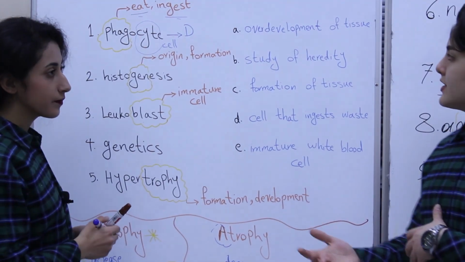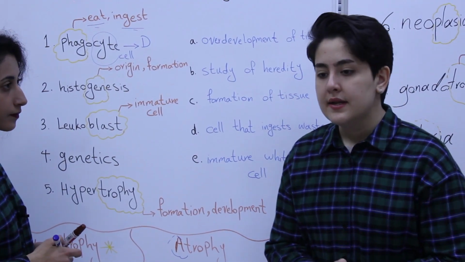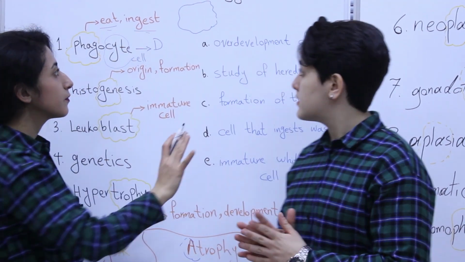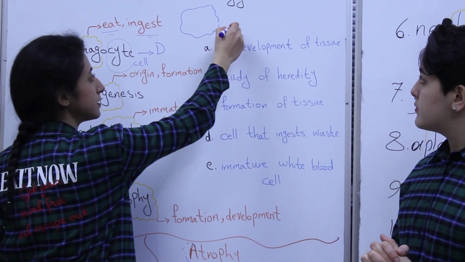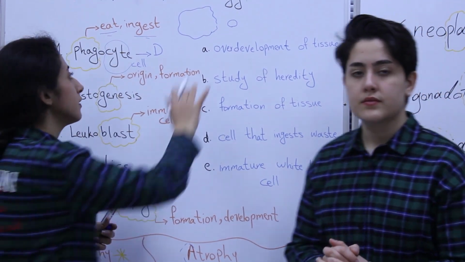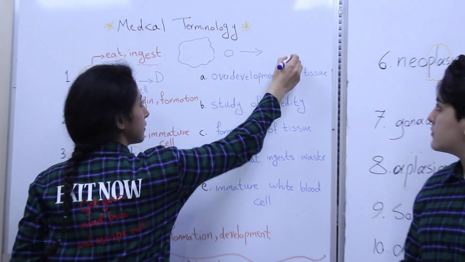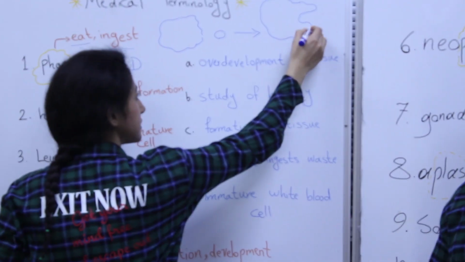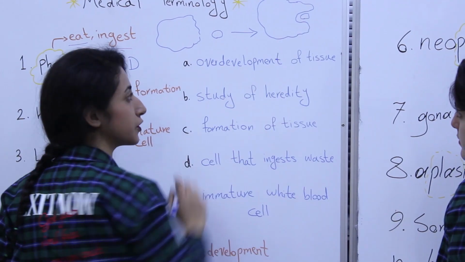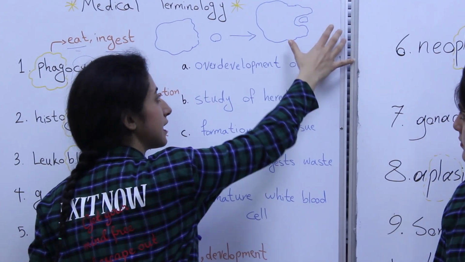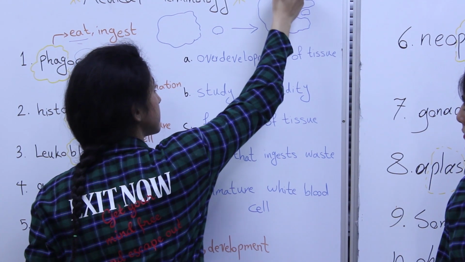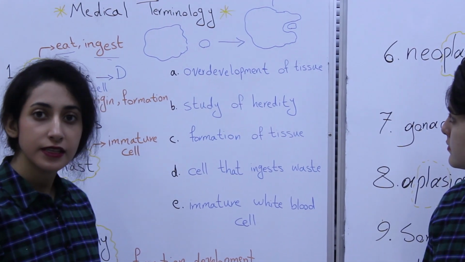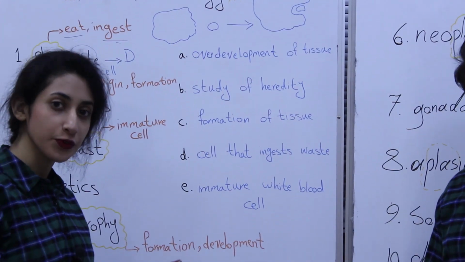And this action also happens with endocytosis. For example, this is a cell and this is the pathogen. Phagocytosis happens like this. The plasma membrane of the cell surrounds the pathogen, and after that it will be eaten and ingested. It's the process that we call phagocytosis.